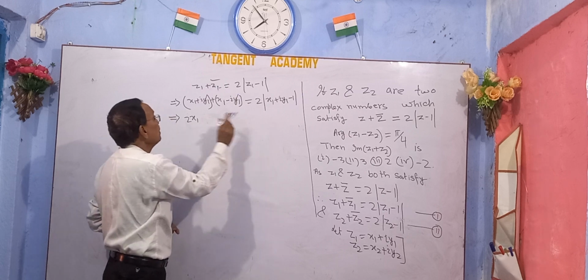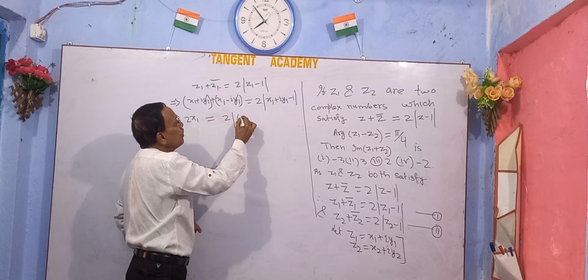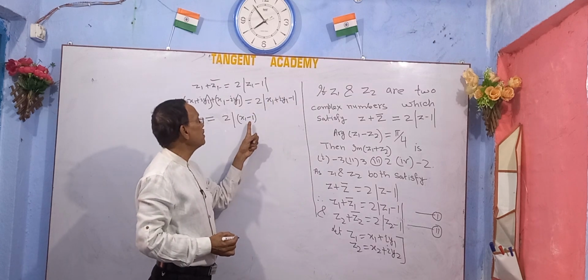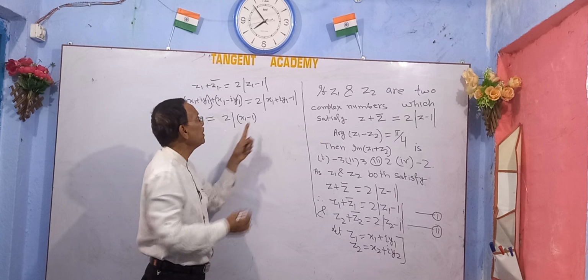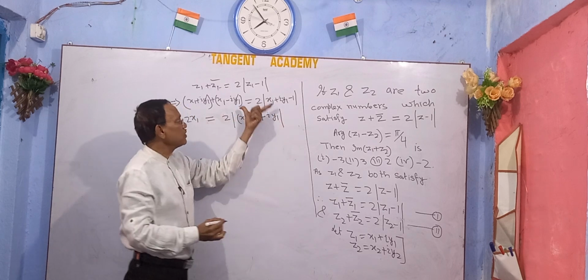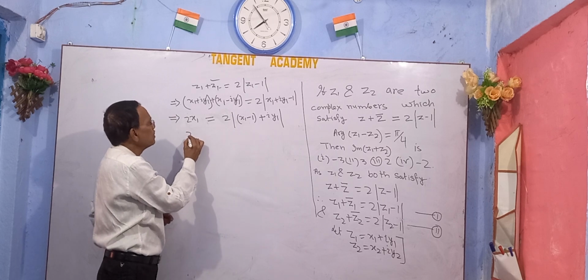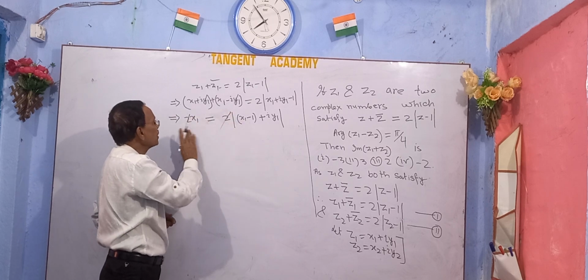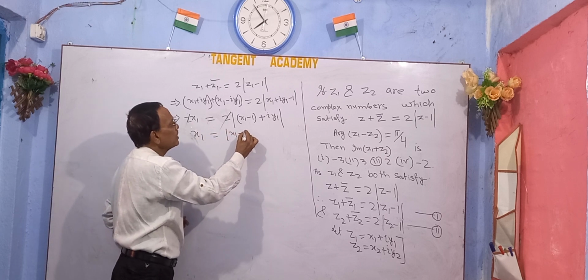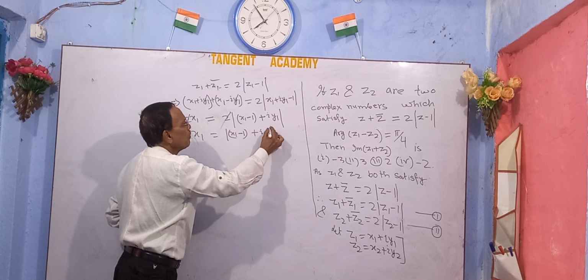So 2 times x1 will be equal to 2 times the modulus of (x1 minus 1) plus iy1. Here x1 minus 1 is real, and this is the imaginary part iy1, and this symbol is known as the modulus of the function. The 2 cancels from both sides, so we can write x1 is equal to the modulus of x1 minus 1 plus i times y1.